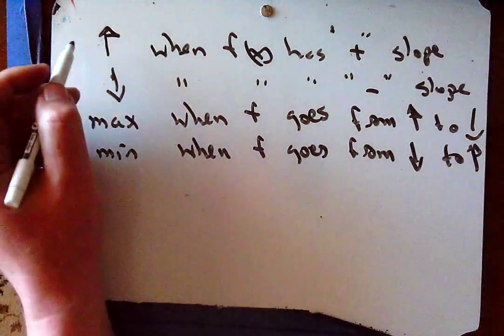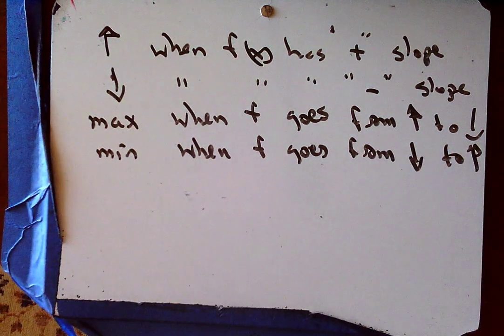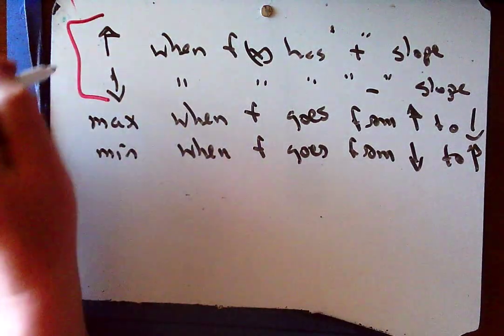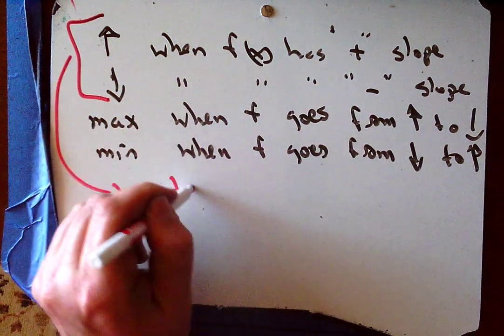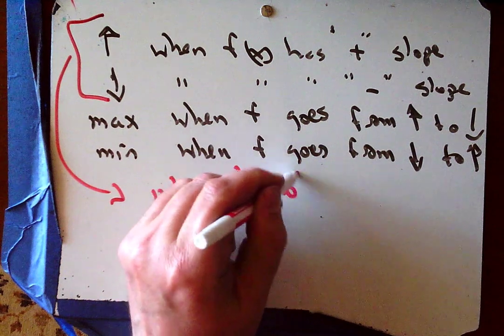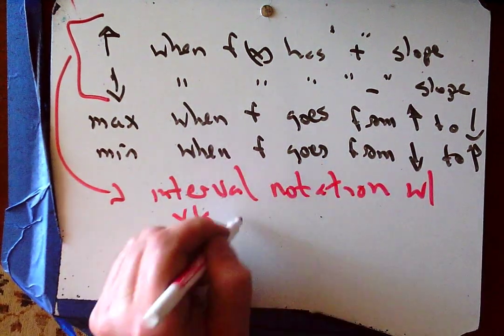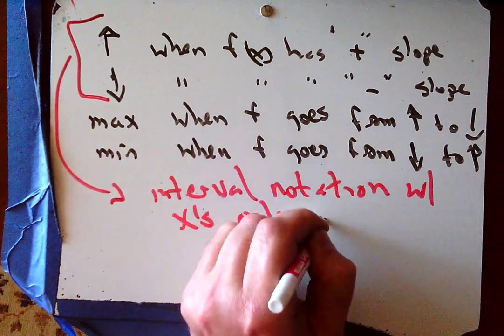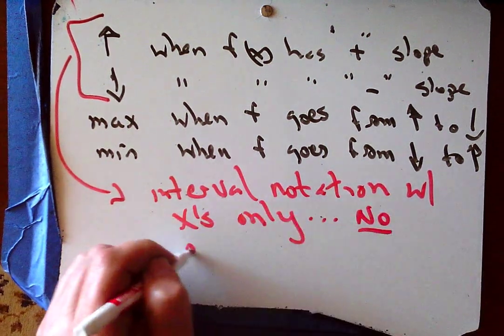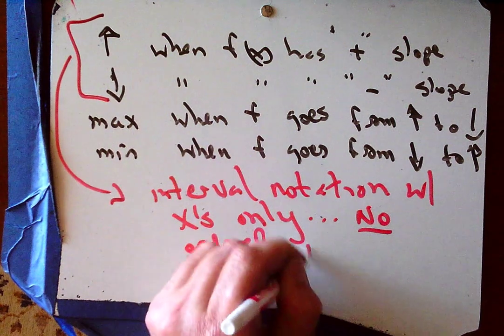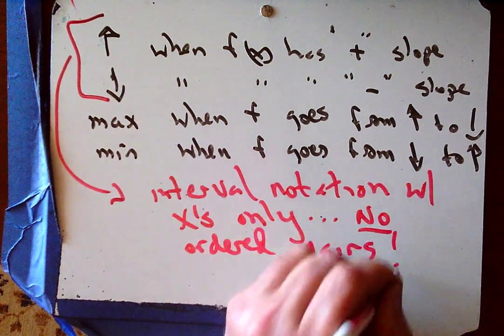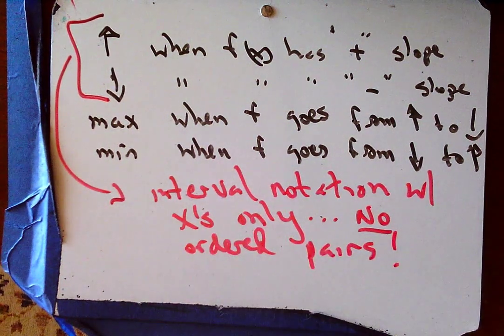I know I use interval notation with x's only, no ordered pairs, when I'm describing increasing and decreasing, okay?